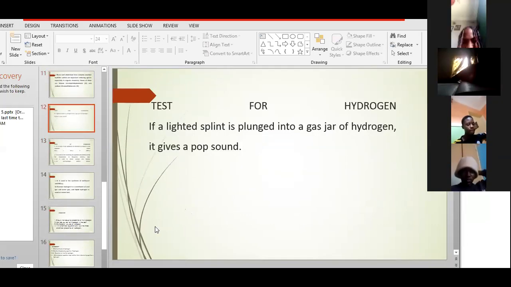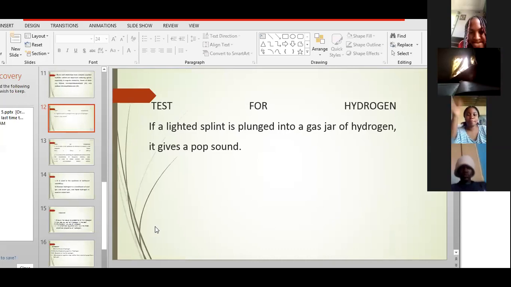Look at the test for hydrogen first. If a lighted splint is plunged into a gas jar of unknown gas, it gives a pop sound. That pop sound indicates the presence of hydrogen in the jar.